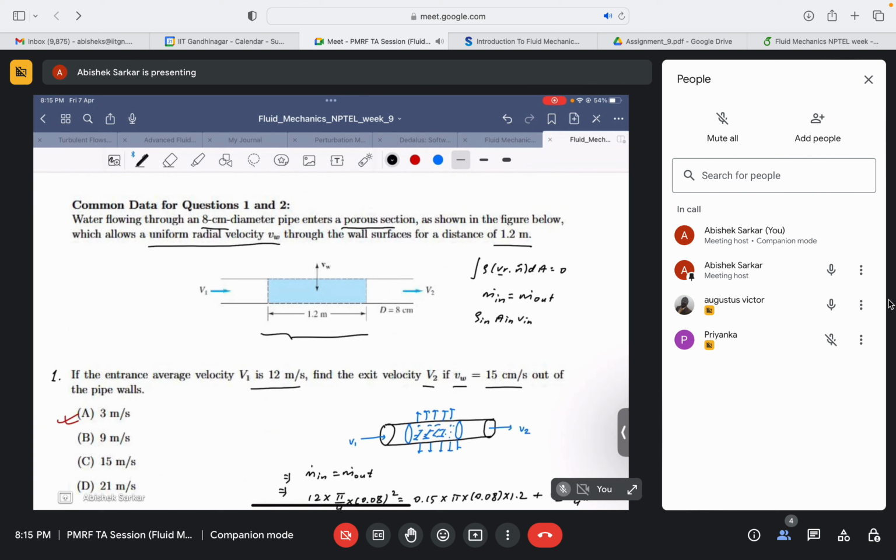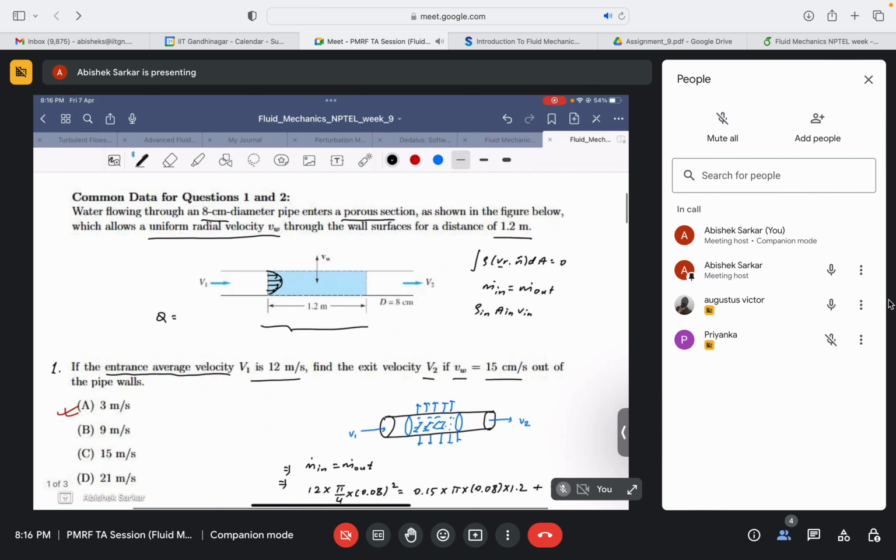Okay, why could you take it? Because they have mentioned that the entrance average velocity is v1. They have not mentioned any velocity profile here. They strictly told it's the average velocity. So if it's the average velocity, then you know that the volume flow rate could essentially be written as the area A times the average velocity Vm.